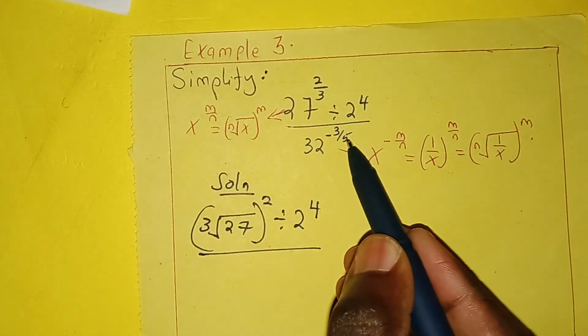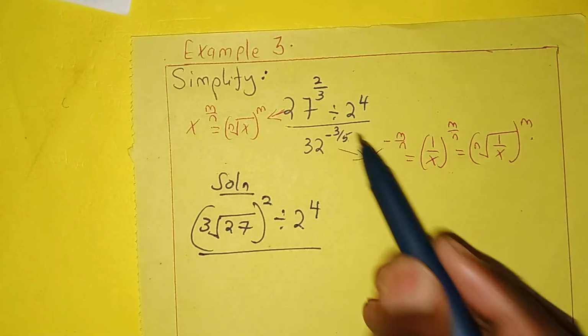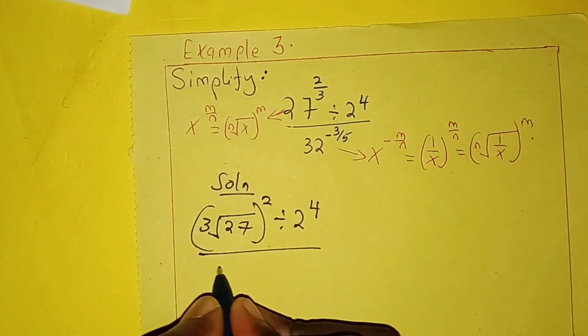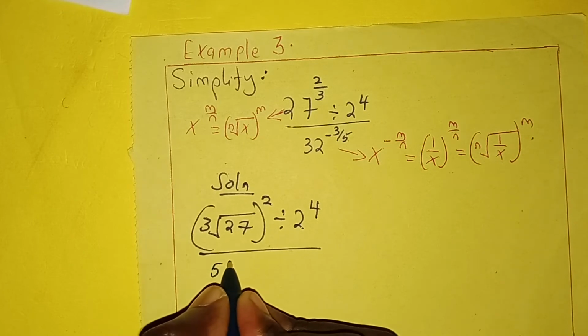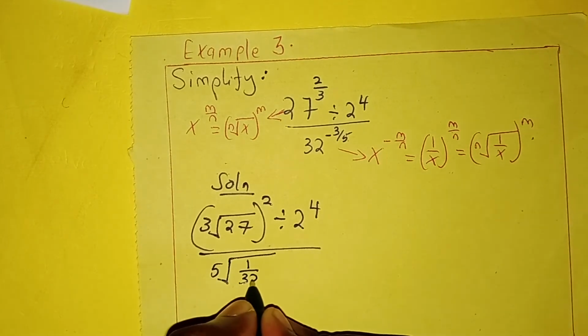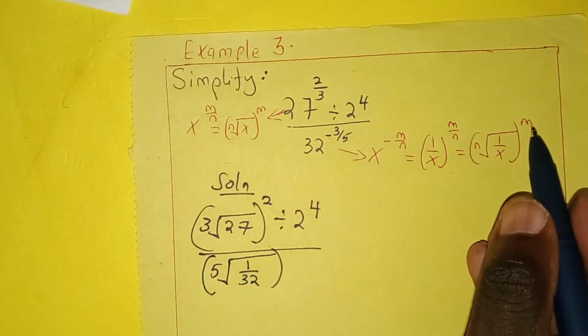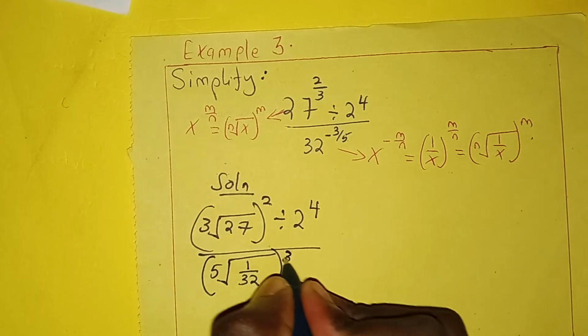Our n is 5, our x is 32, and our m is 3. So we'll have the fifth root of 1 over 32, then power m, which is 3.